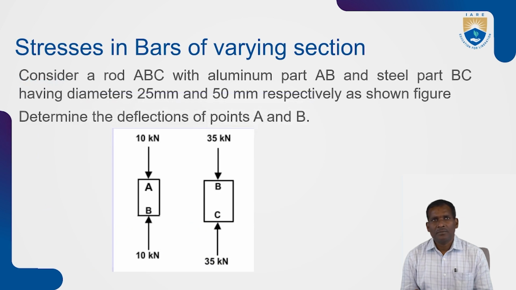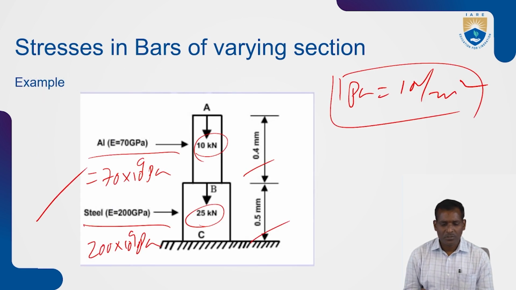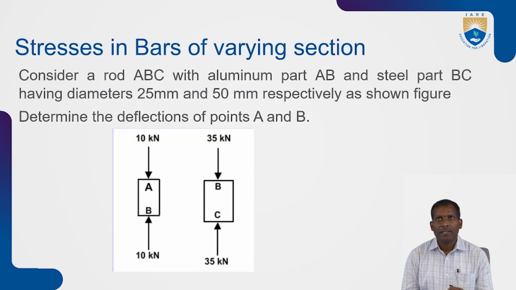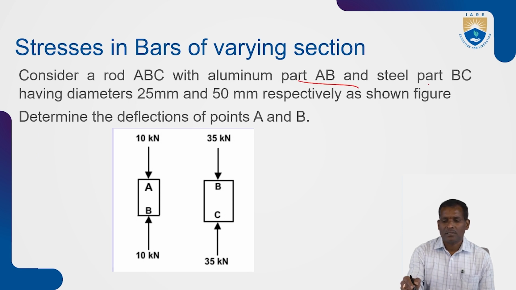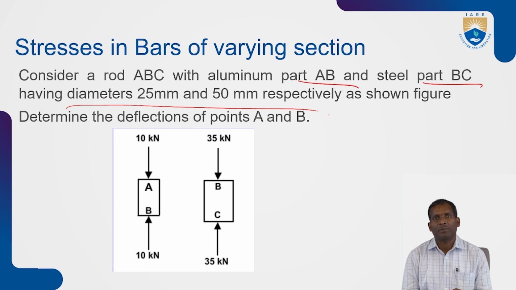Now calculate stresses. Consider a rod ABC with aluminum part AB and steel part BC, as shown in the figure, having diameters 25 mm and 50 mm respectively.